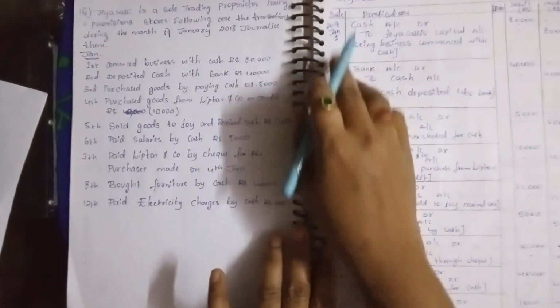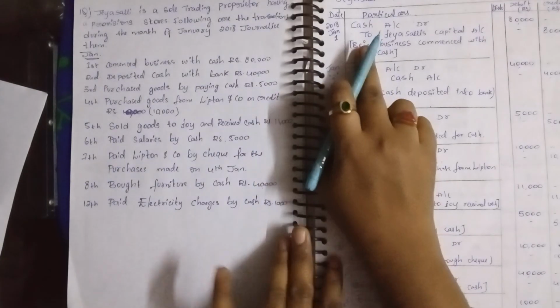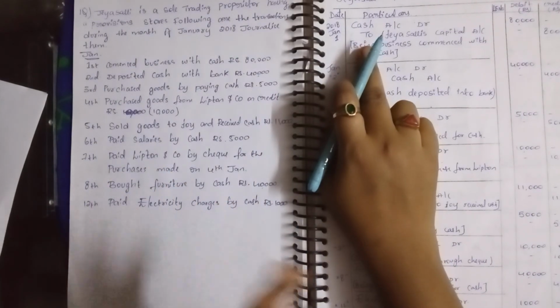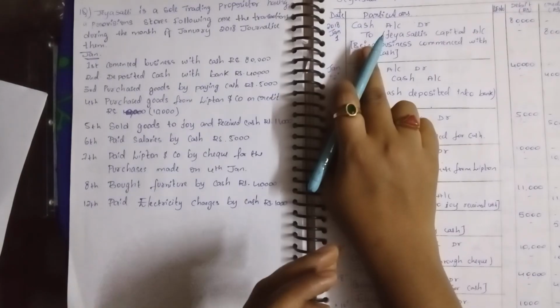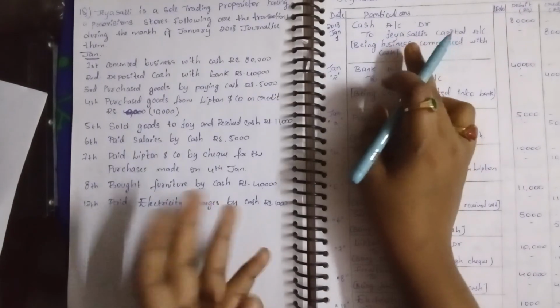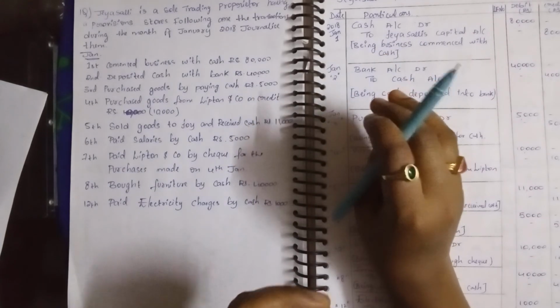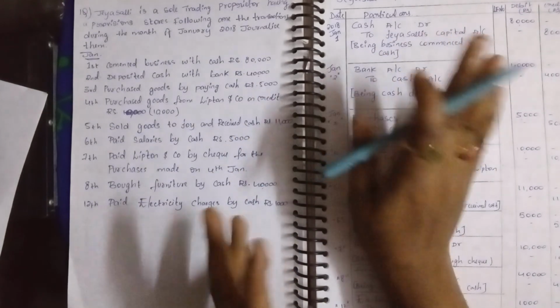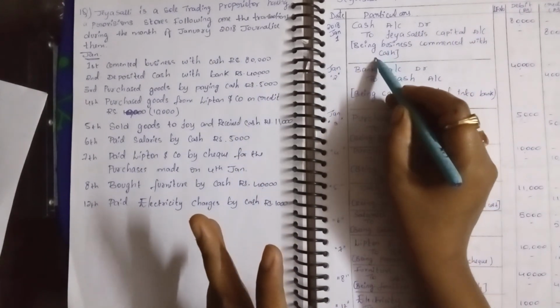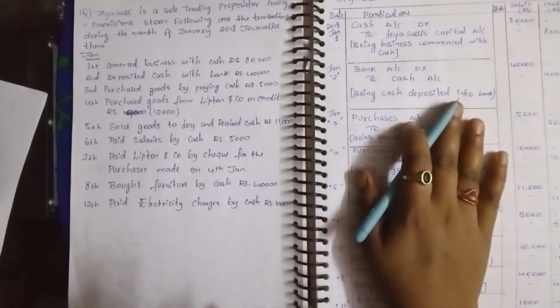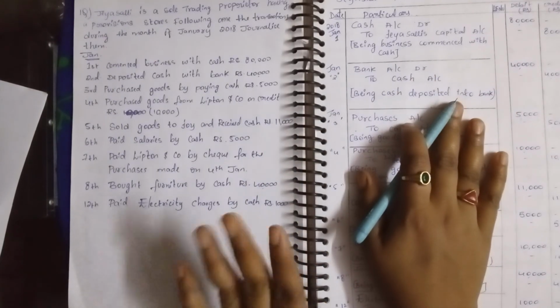Then date-wise, mention which entries come debit and which come credit, like from cash account debit to Jaishali account. You have to be careful with these accounts, and narration is very important. You must compulsorily write the narration.